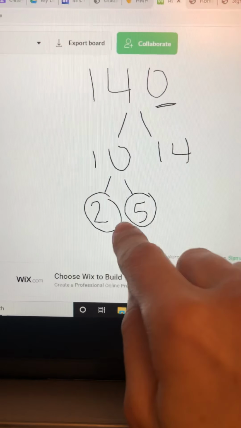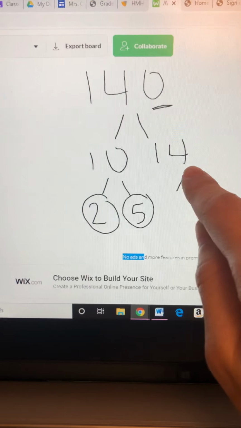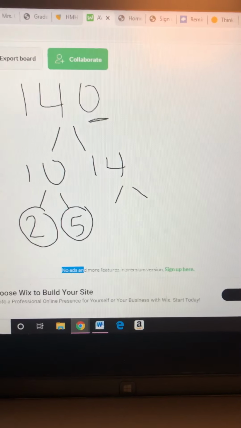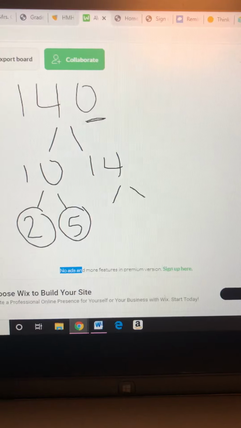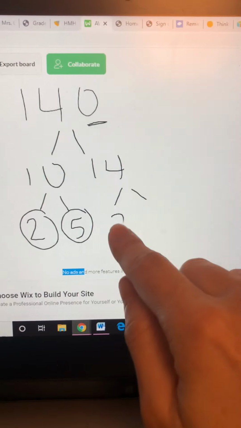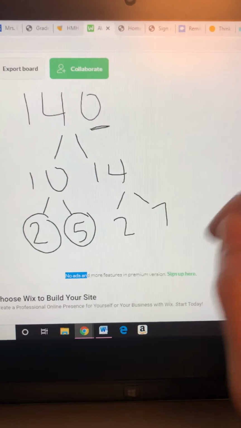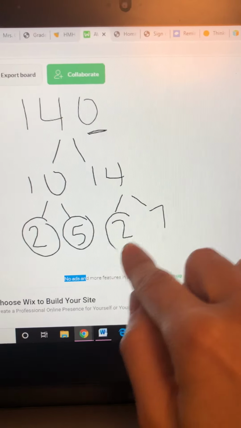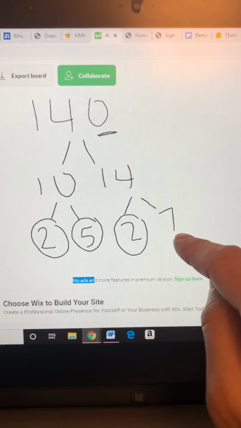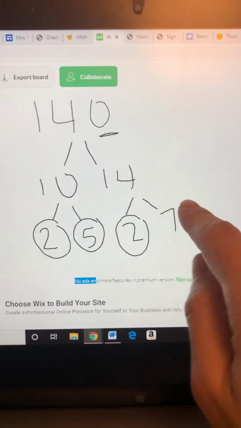Those are going to be part of my answer. 14 is composite, meaning I can continue factoring it out. Again, you cannot use 1 times 14, okay? You're going to use the other set of factors, which is 2 times 7. Now we're done because 2 is already a prime number, and 7 is also prime. It only has factors of 1 times itself.